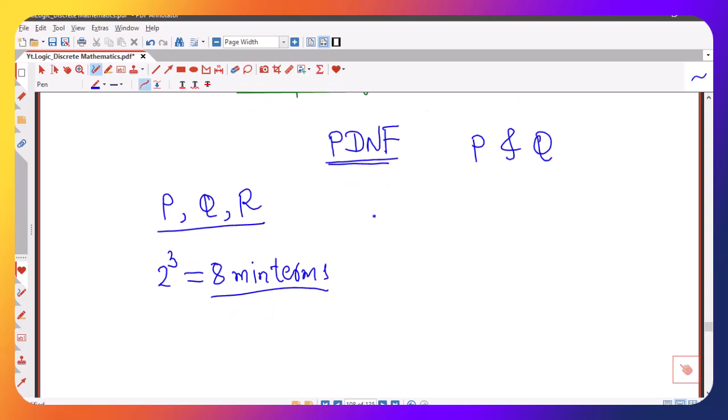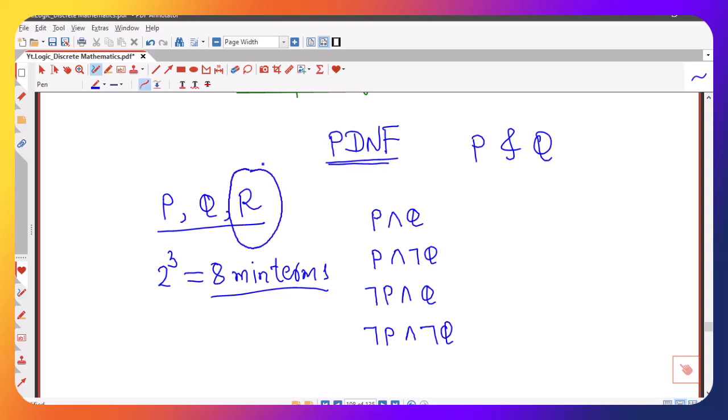For example, first we can write down min terms for p and q, that is p and q, p and negation q, negation p and q, and negation p and negation q. If we have two variables, then we have these four possible min terms. Now if we have one more variable, then we have 8 possibilities.